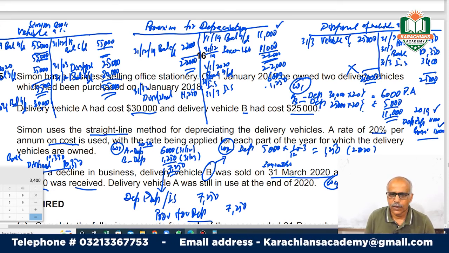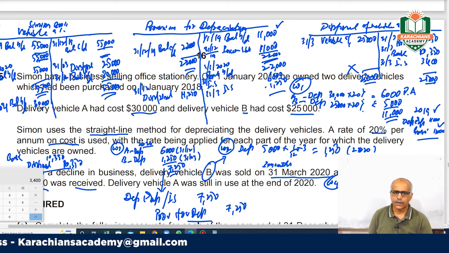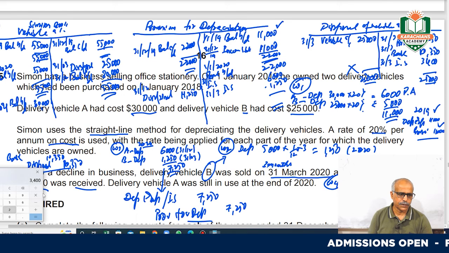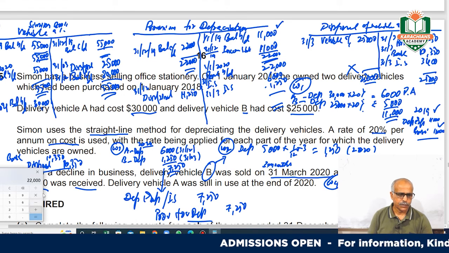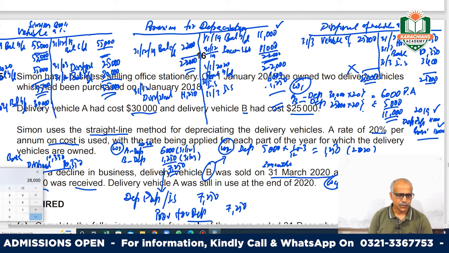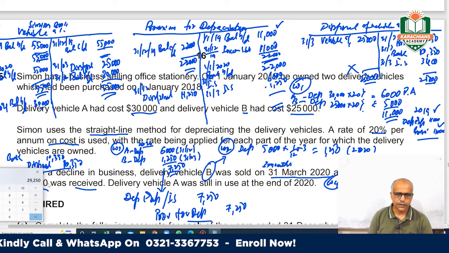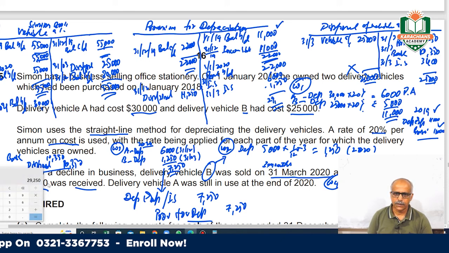Now likewise you will do it here. So how much will be your balance? 22,000 plus 6,000 plus 1,250, it is 29,250.